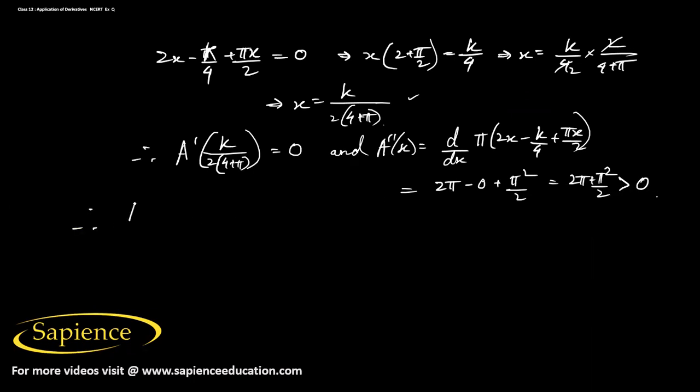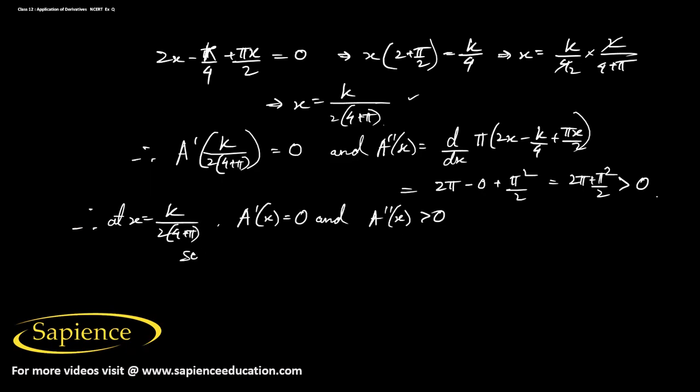So therefore we can say that at x equal to k by 2 into (4 plus pi), A dash x is equal to 0 and A double dash x is greater than 0. So I can say that x equal to k by 2 into (4 plus pi) is a point of local minima of the function A of x.